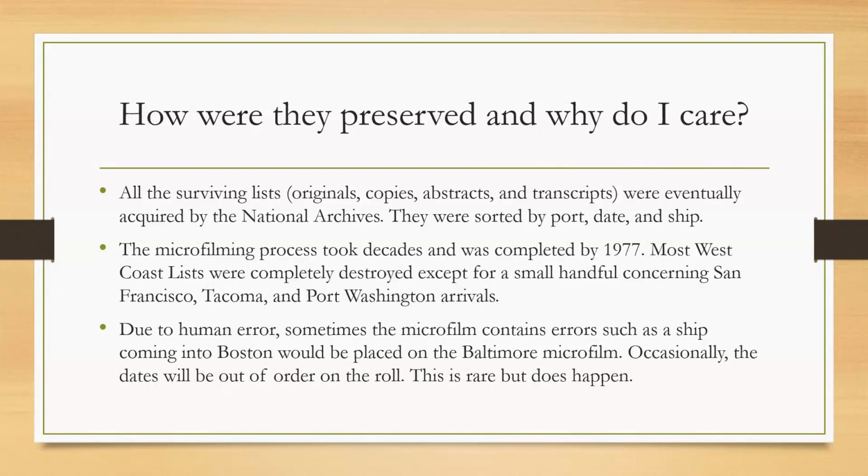This is the problem when you don't have standardization. Also, occasionally, the dates will be out of order on the roll. This isn't as big of a deal as it once was with the databases, but it does happen.